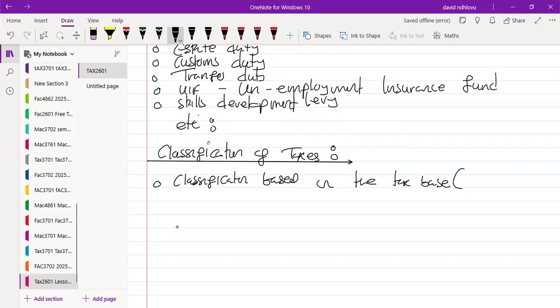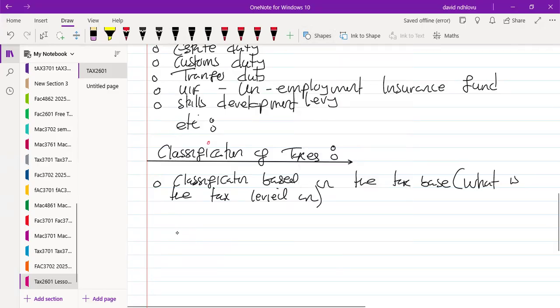Right. When we say tax base, we are saying what is the tax charged on? What is the tax levied or charged on? Right.